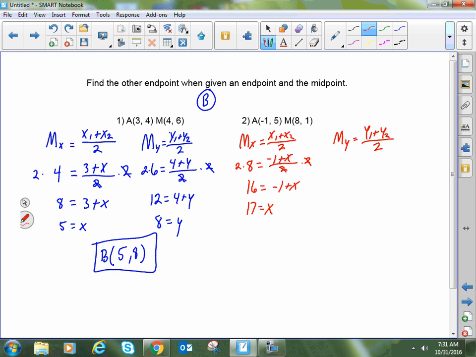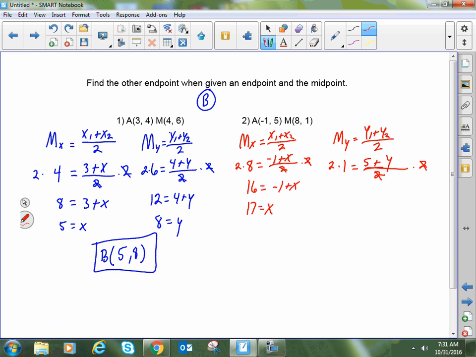Substitute the y-coordinate for the midpoint, and I get a 1. The y-coordinate of point A is 5. And so again, multiply both sides by 2 to clear out the denominator.